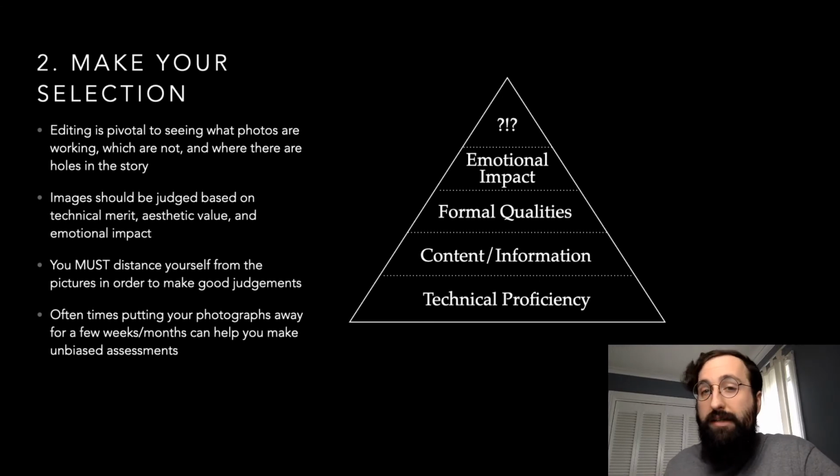Now, it doesn't always, but the emotional impact that you get from a picture is built upon the content of what you're seeing and its formal qualities. It's not some mystical magic kind of like wow thing.